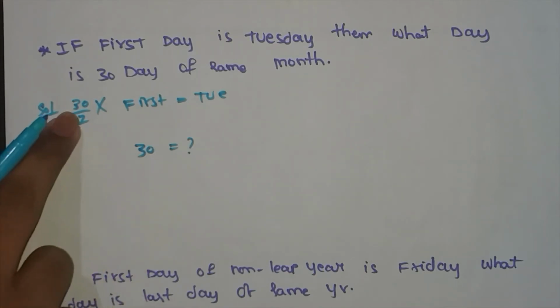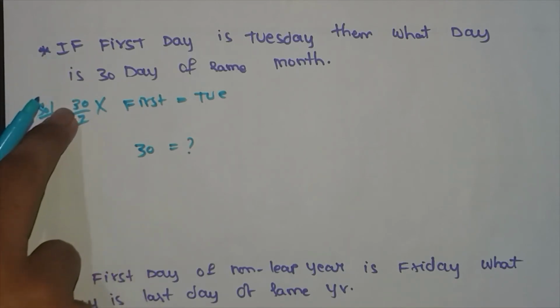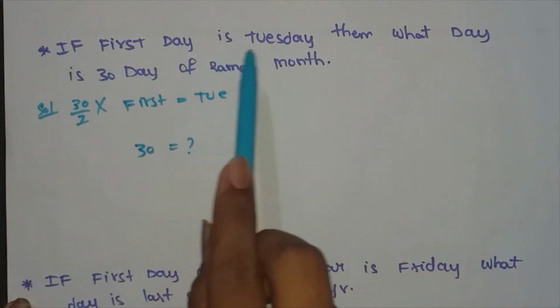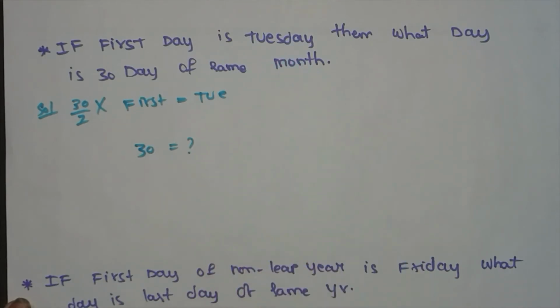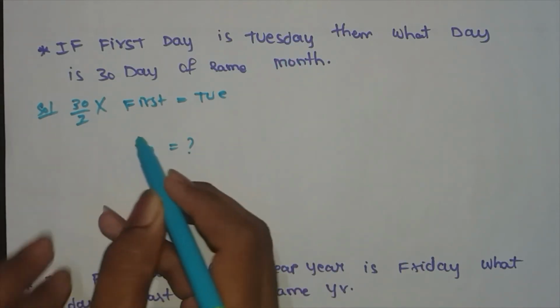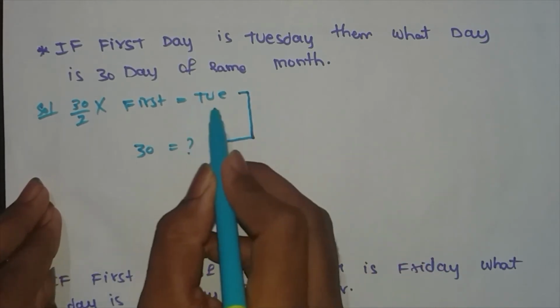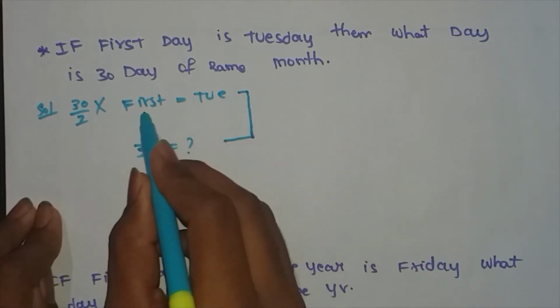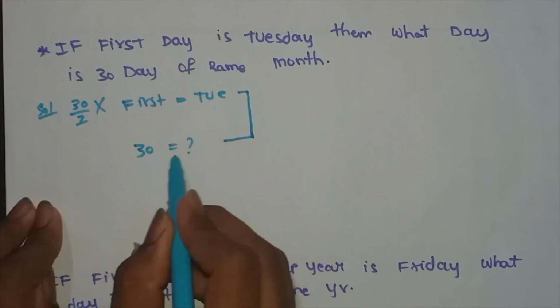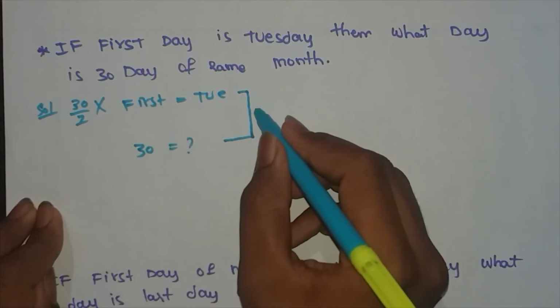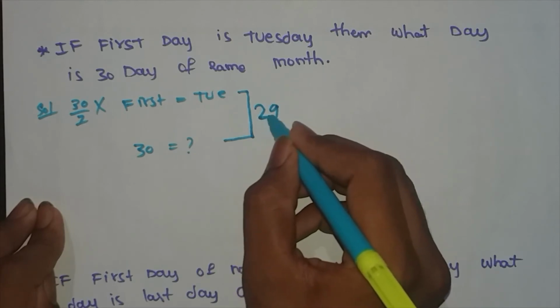So here you are finding as if you don't know the first day of the month. But in the question they have given that the first day is Tuesday. So the short trick here is to first find the difference between these two, that is, the first day is Tuesday and the 30th day we have to find. What is the difference between these two? That is 29.